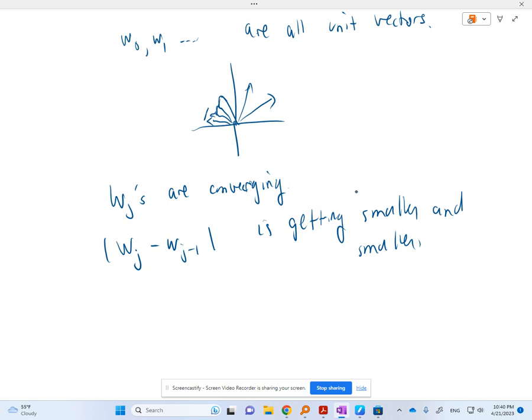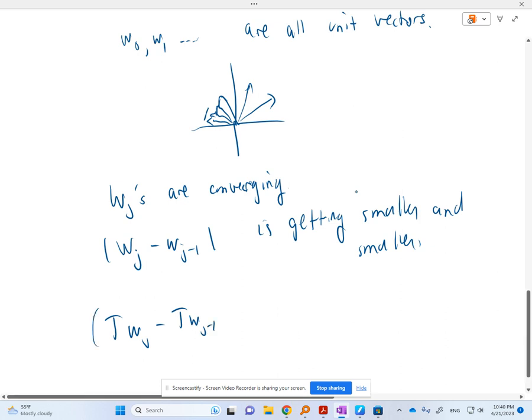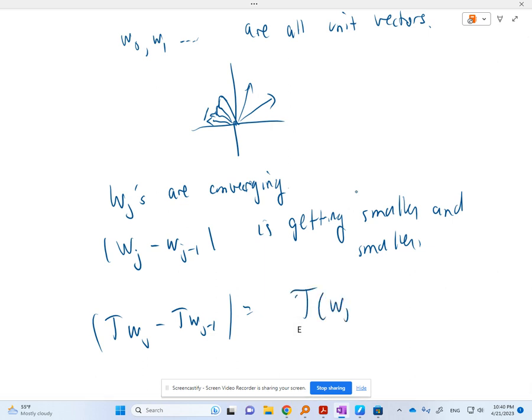And naturally, that means that T Wj minus T Wj minus 1, well, that's the same thing as T times Wj minus Wj minus 1. And that's also getting smaller and smaller.